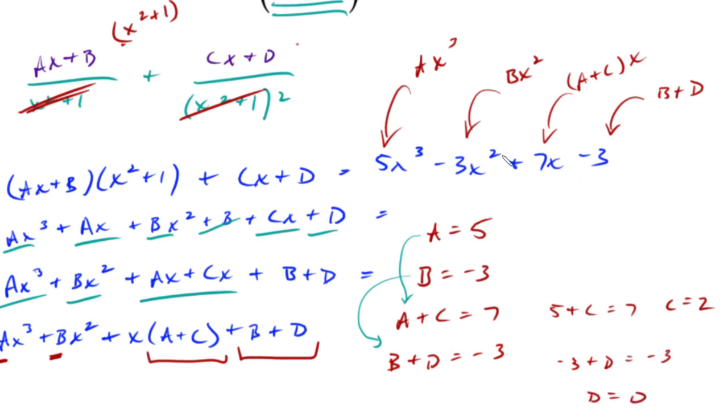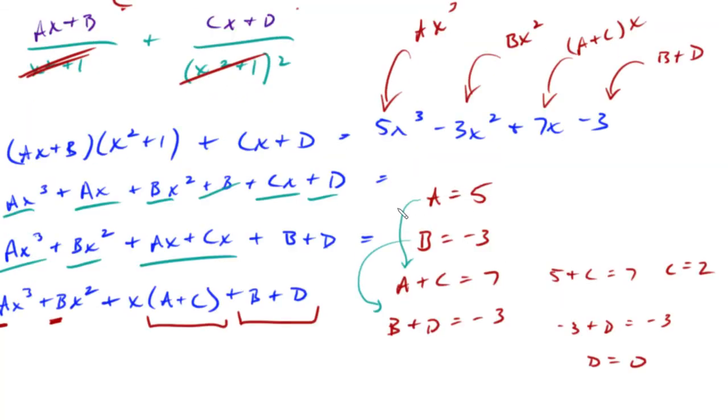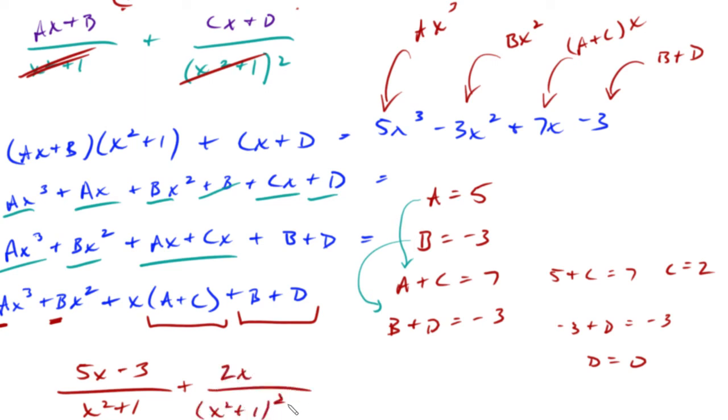So the answer is this partial fraction written with all of these in it. So you're going to have ax plus b, so 5x minus 3 over x squared plus 1, plus cx plus d over this piece, so 2x plus 0 over x squared plus 1 quantity squared.